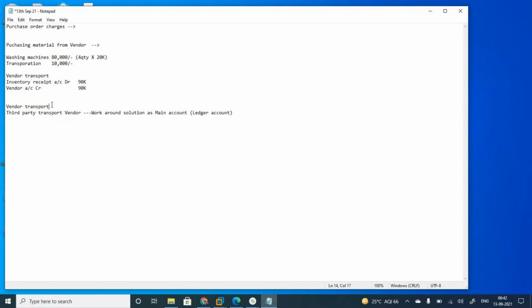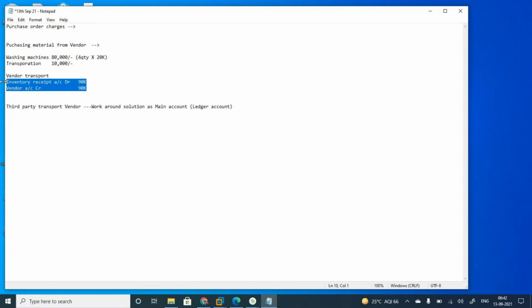If it is third party transport, suppose, take the example Navata Transports or Agrawal Packers and Movers, then I will pay only 80,000 to this vendor.